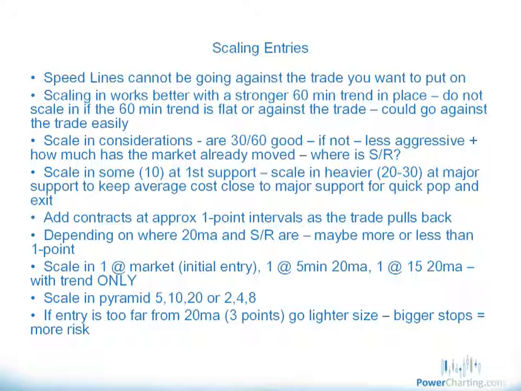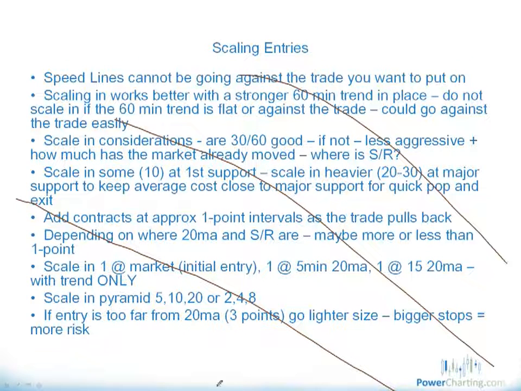Then with the scaling in, when I'm doing it properly, from my perspective, that usually involves a pyramiding effect. So if I have multiple resistance levels here, my initial entry is here, let's say, for 1 contract.